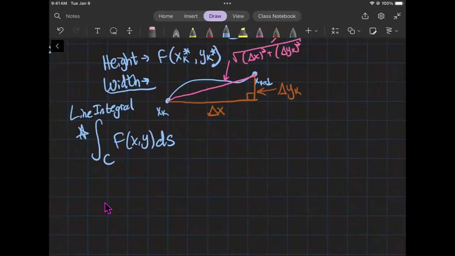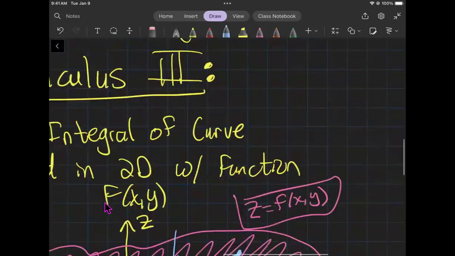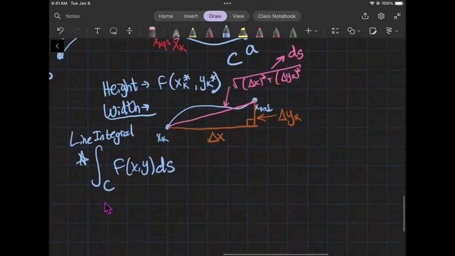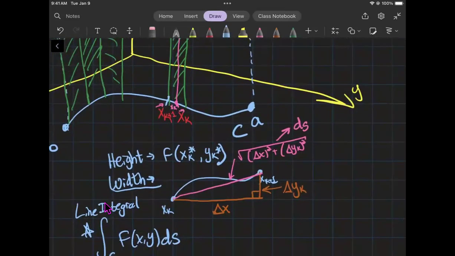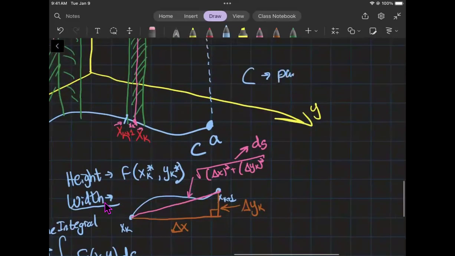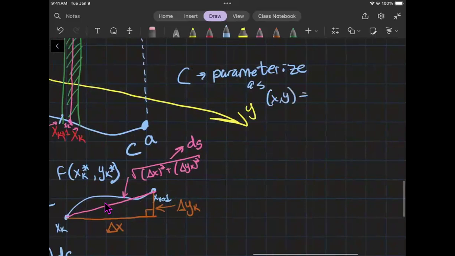But in terms of a usual integral we've seen in Calc 1, this curve, we can parameterize this curve. So x and y, we can define those points in terms of a variable t. So C, we can parameterize as x and y in terms of t: x of t and then y of t.